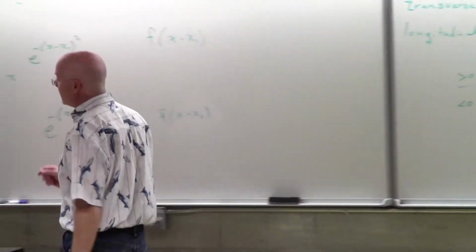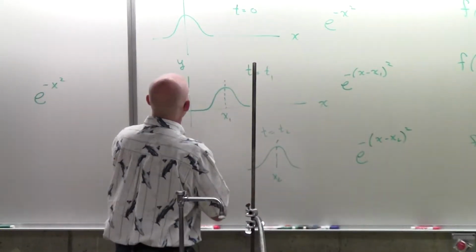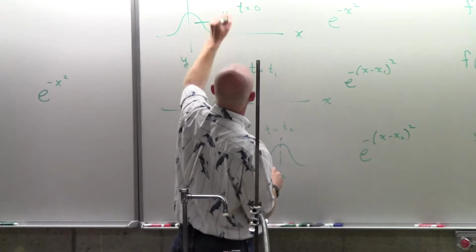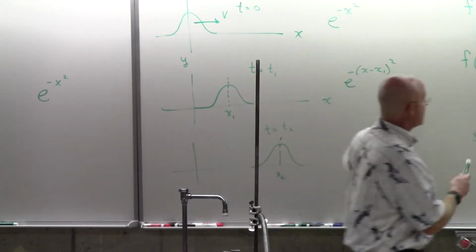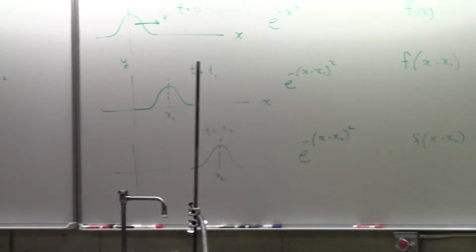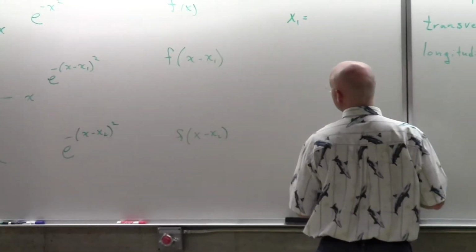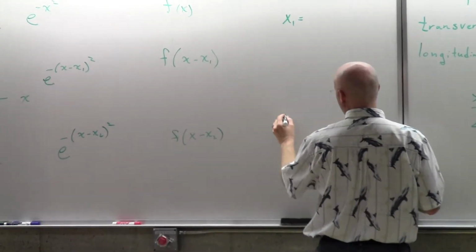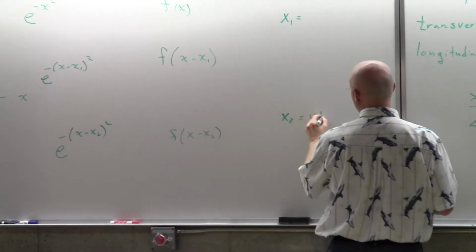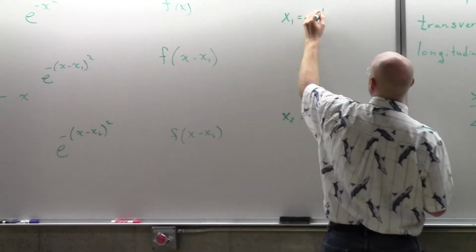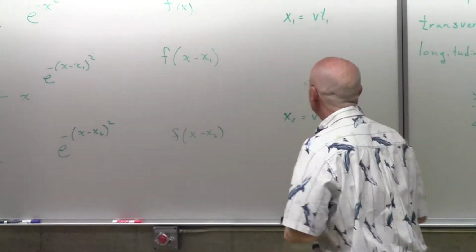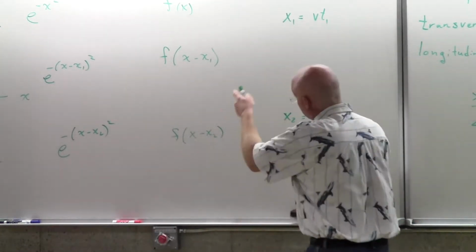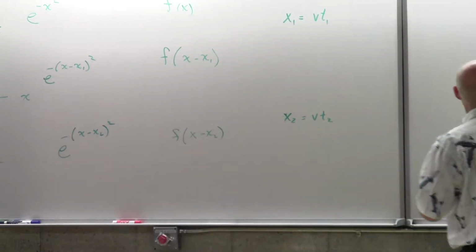How would I represent a wave that is traveling with a speed v? Well, aren't you really saying here, then, that the position, whether it be x1 or position x2, is velocity times time? So let me put that into these abstract equations.